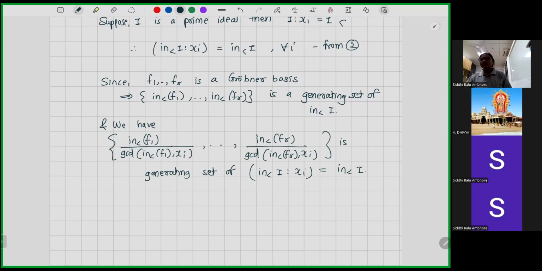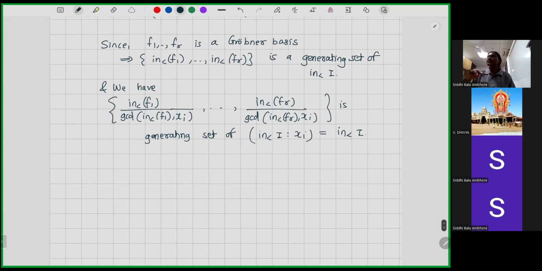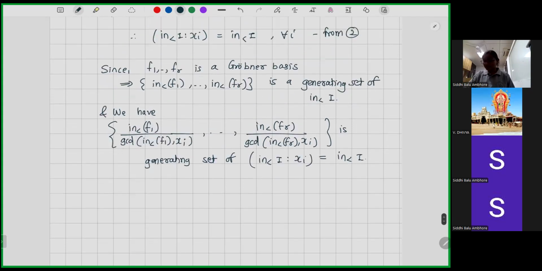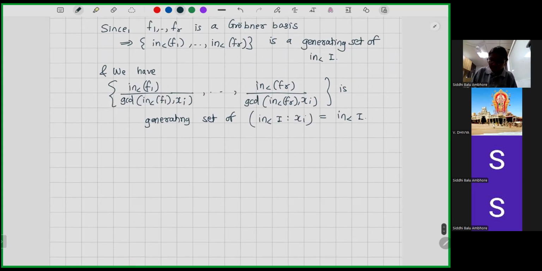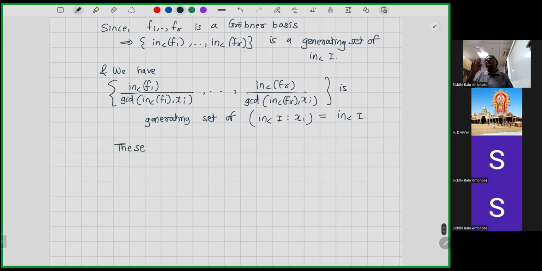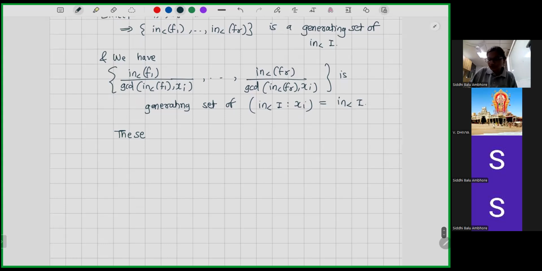But both these are minimal generating sets, okay? This one for sure is a minimal generating set, and this one will also be minimal because both sets have cardinality R. And the minimal monomial generating set of any given monomial ideal is always unique. So these are minimal generating sets.